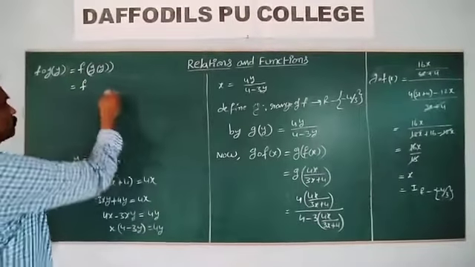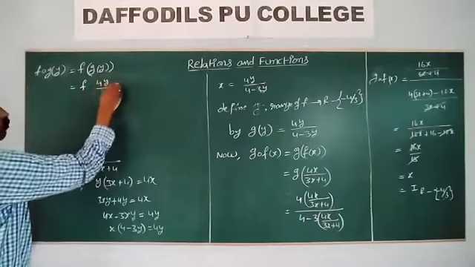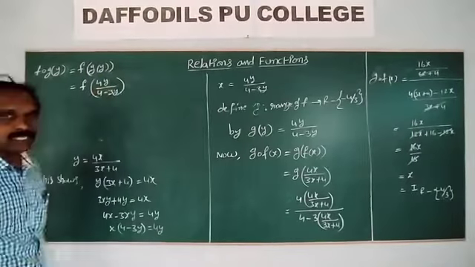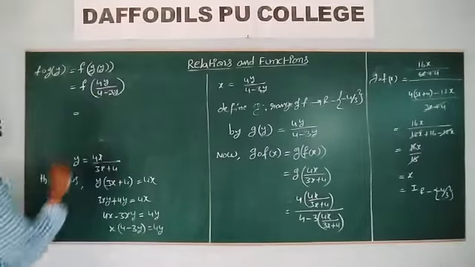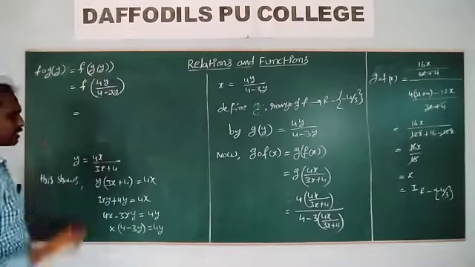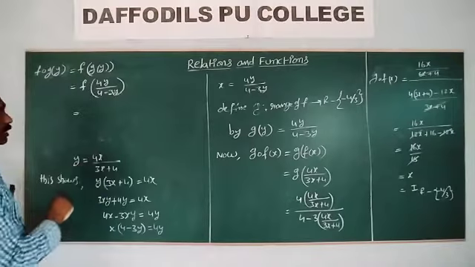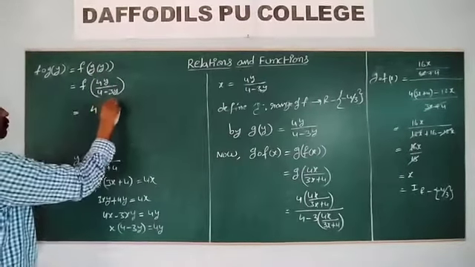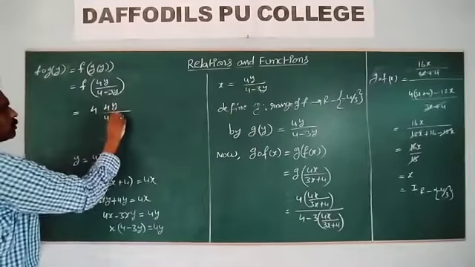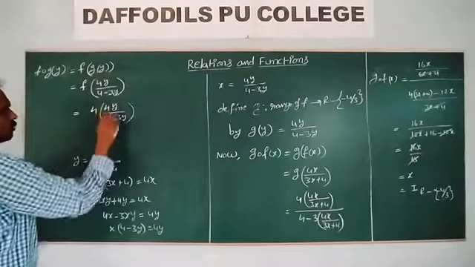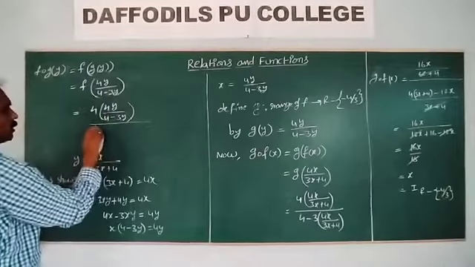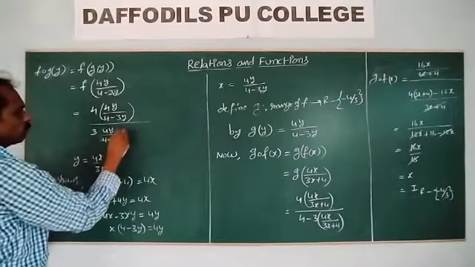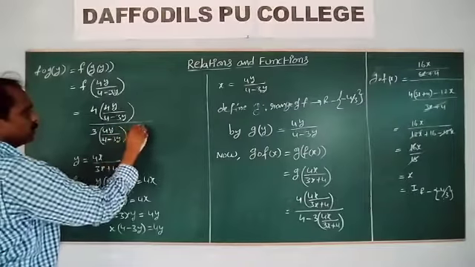What is g of y? 4y by 4 minus 3y. This goes in as x in f of x. Clear? Substitute where x is the total value: 4 of 4y by 4 minus 3y, whole divided by 3 of 4y by 4 minus 3y plus 4.